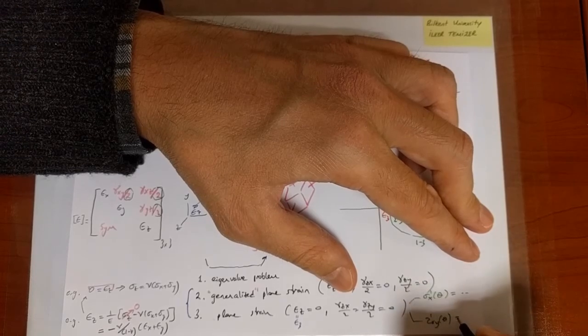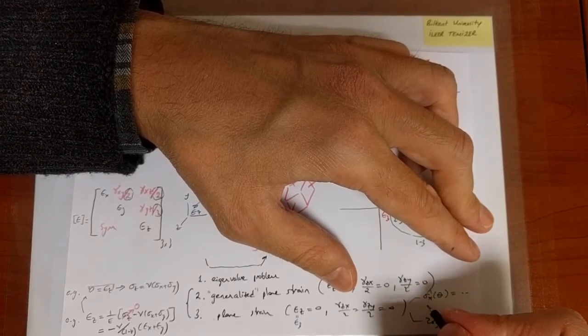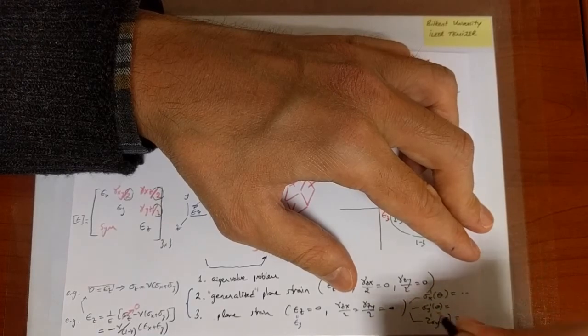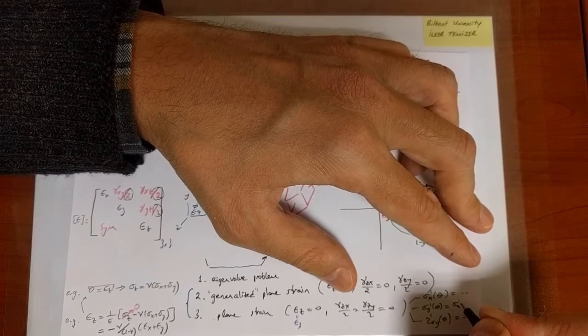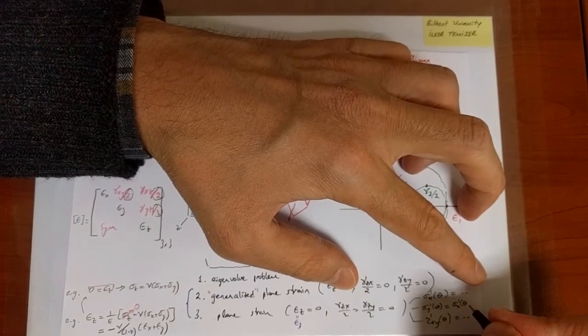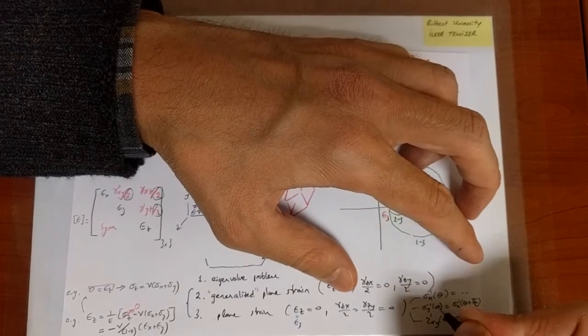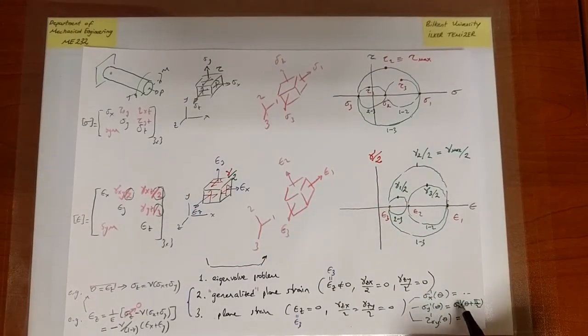We also showed that sigma y prime as a function of theta can be obtained by taking the function of sigma x prime and, instead of theta, plugging in theta plus 90 degrees or pi over 2. That takes you to the y prime plane, and it's the same equation with some terms being negated. So that was the case for stresses.